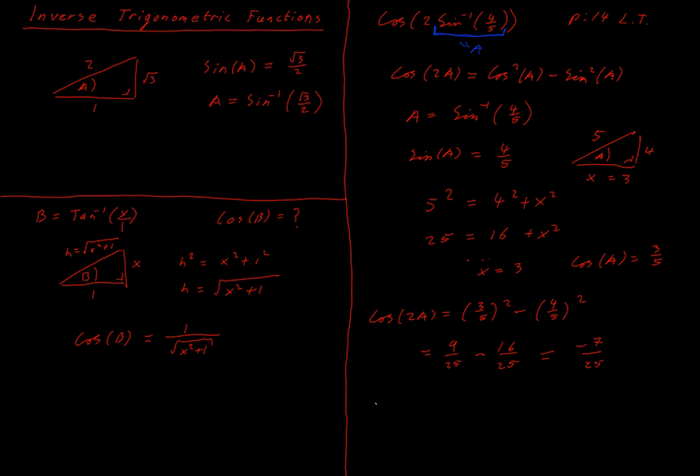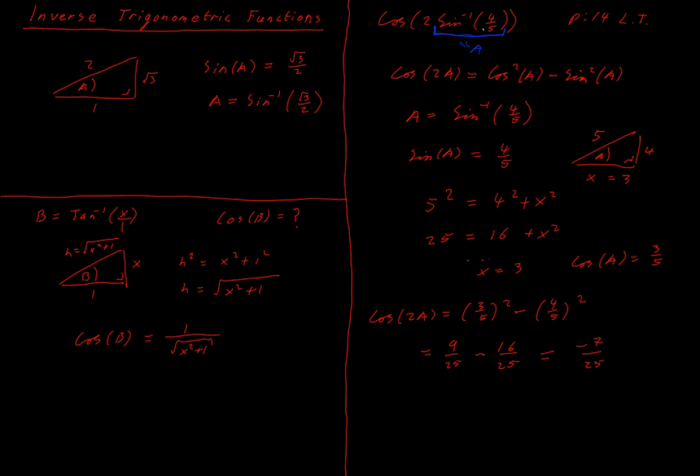So the key insight is to be able to recognize that if you have arc sine or inverse sine, or inverse cosine or inverse tan of a ratio, this is an angle, and we can treat it like a normal angle. Often it's nice to do a substitution, which is effectively what I did here.